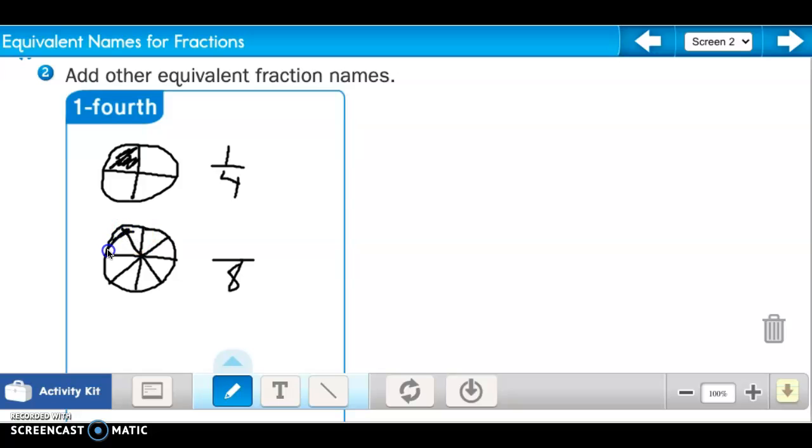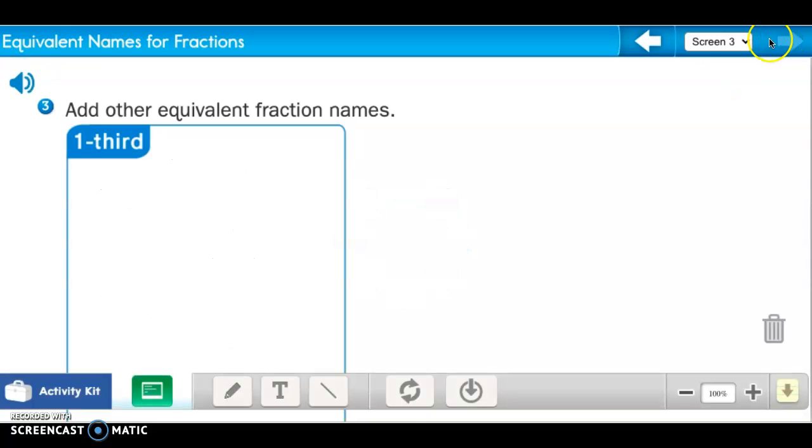So we're going to shade the same amount, and that is 2 pieces. So 2/8. So 1/4 and 2/8 is the same. They're the same. They're equivalent. Okay, let's do one other one.